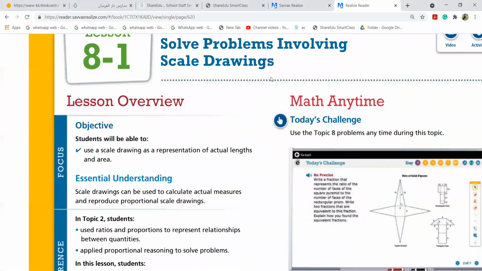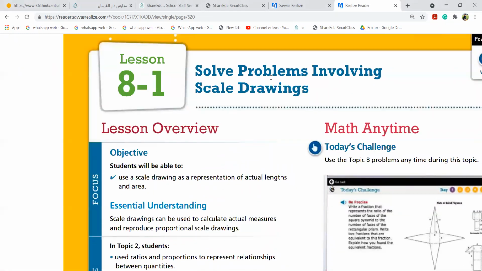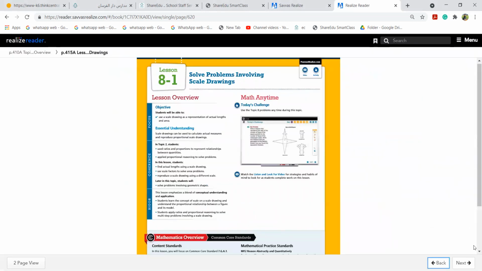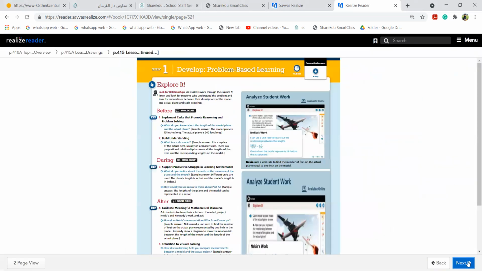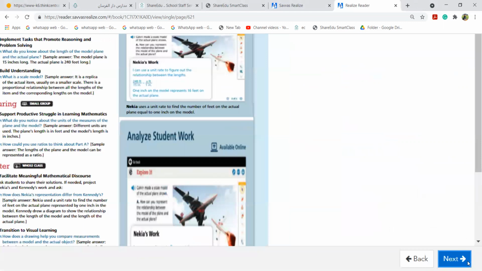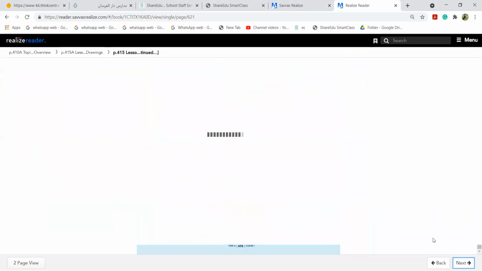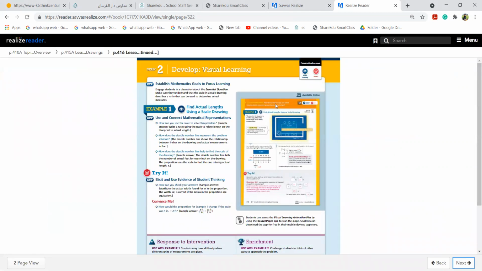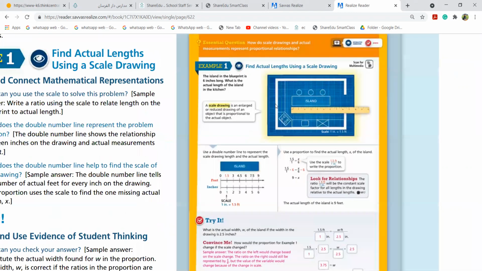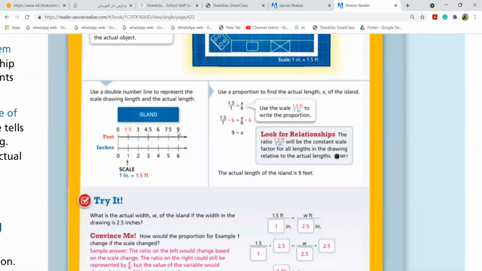So I will just try to briefly do a few lessons from chapter number 8, and we'll finish up. So lesson number 1 is to solve problems involving scale drawing. Girls, normally if I want to make a big house, I cannot draw the same big house on the paper. I have to cut it short. For example, in the scale on the paper it is inches, but really it represents feet.